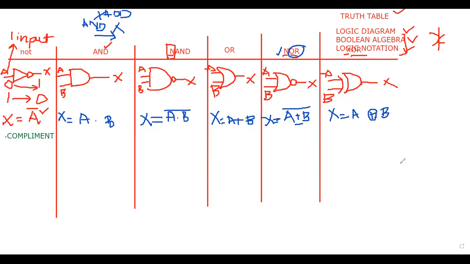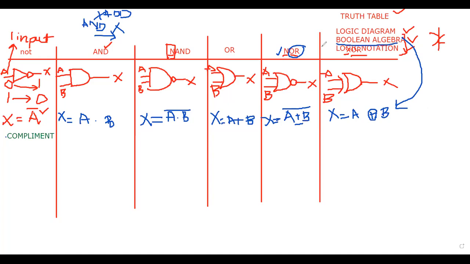It is just the representation of the XOR gate, to encircle the plus sign. This is the representation of it in the logic notation, simply. Sorry, I keep saying logic notation. This is basically Boolean algebra.